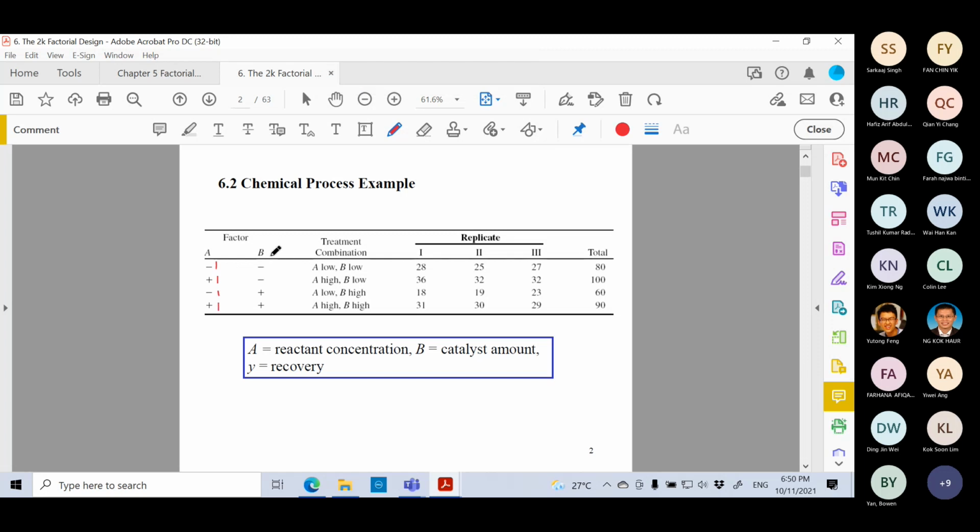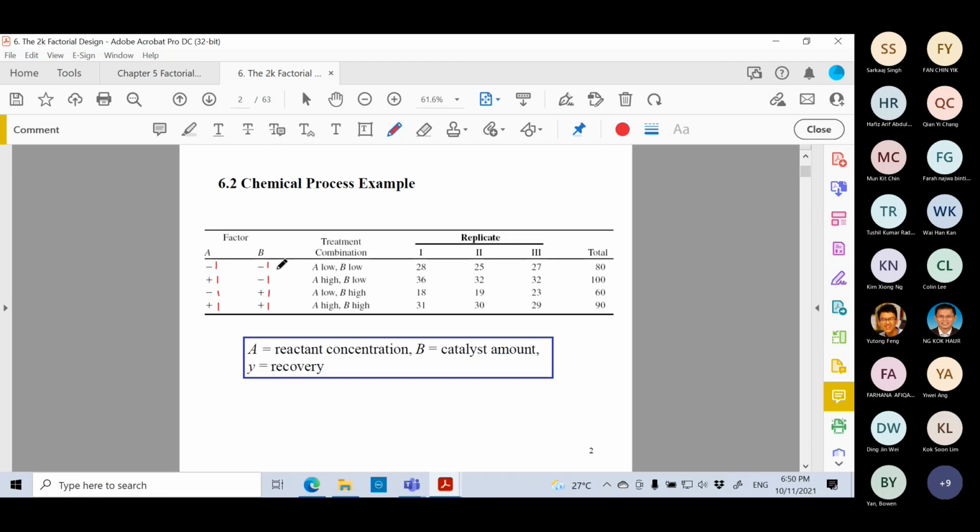And B here also has a low level of -1 and a high level of +1. If I put the negative, it refers to the low level, and if I put the plus, it means the high level. So these are all the combinations.